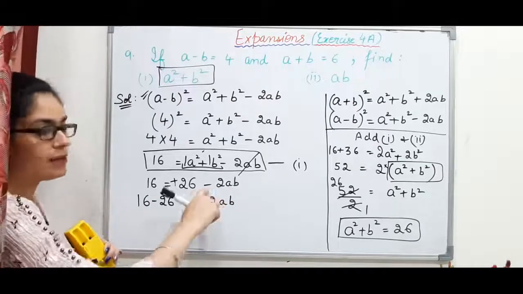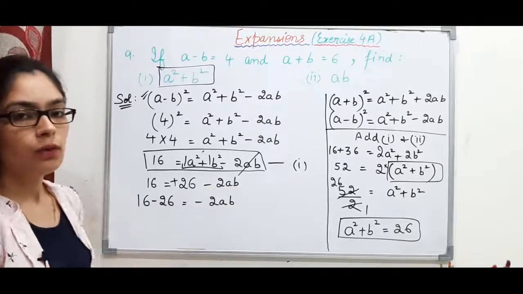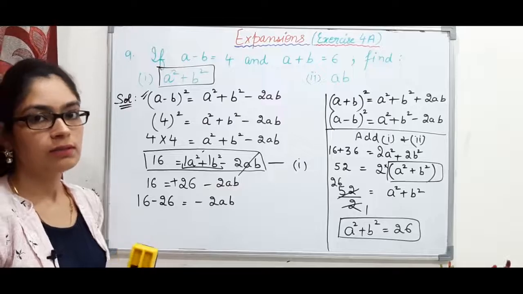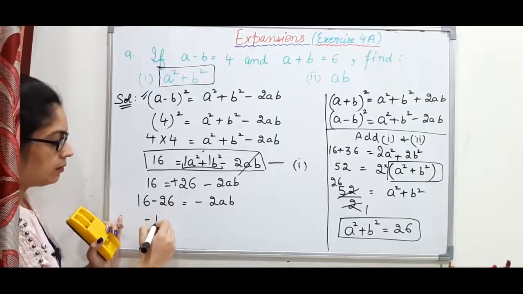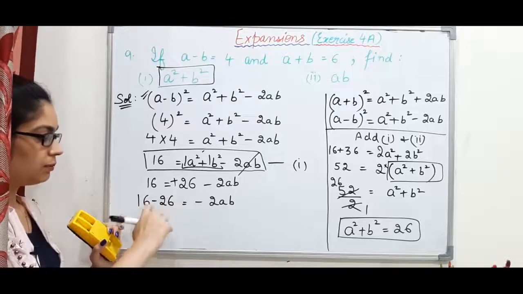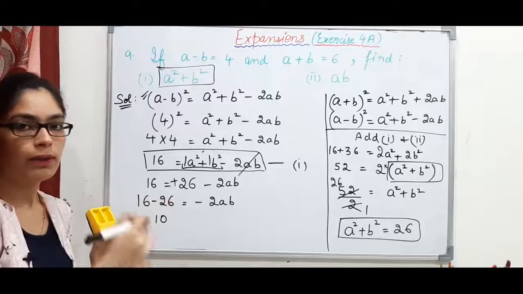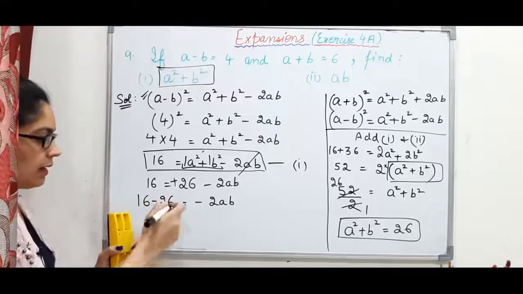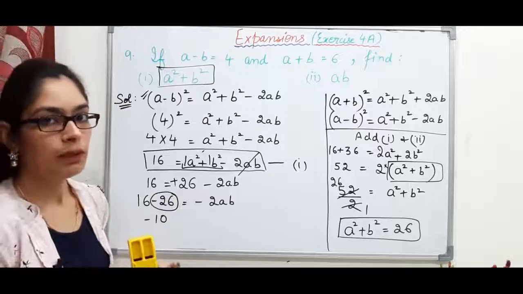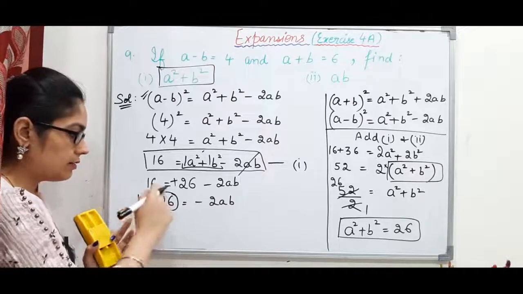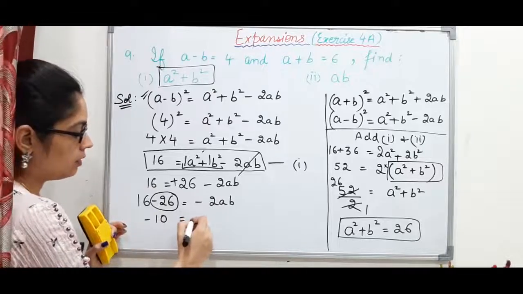See, minus sign is there along with this term, so don't miss out on this sign. Don't ignore any sign, especially if it is a minus sign. 16 minus 26 is minus 10, because plus minus is minus. So 26 minus 16 is 10, and the sign which is with the greater number. The greater number which is here is 26, and along with 26 minus sign is there.